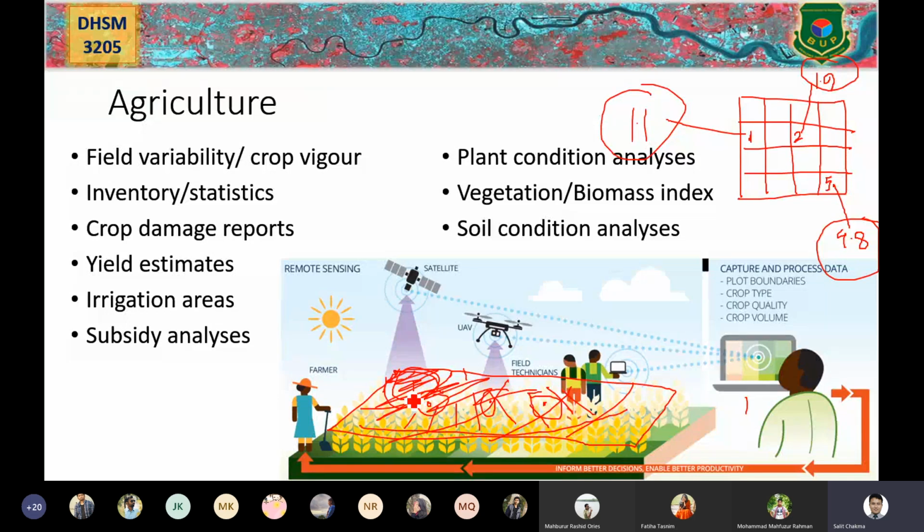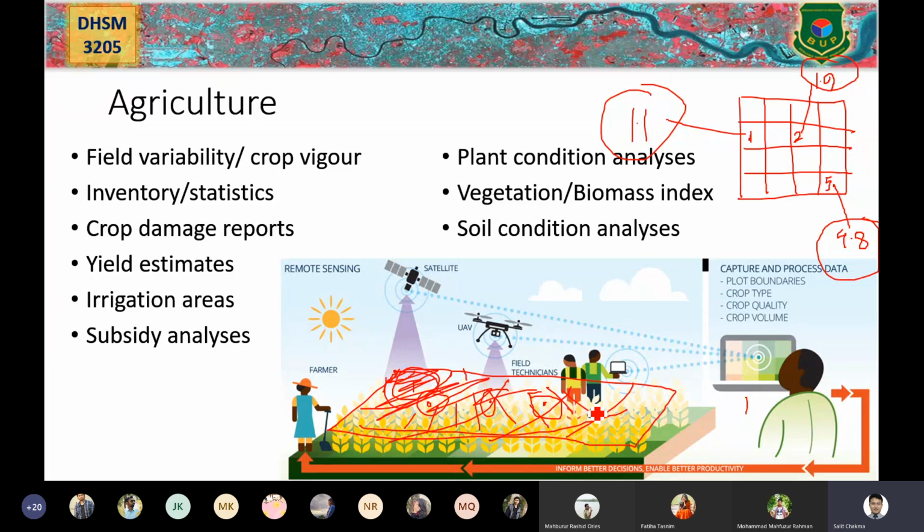So you just turn on the switch for a specific sprinkler, or you send a UAV or some people to spread or put the pesticide in some specific region of your cultivated field or agricultural field. So that way you can manage hundreds and hundreds of acres.